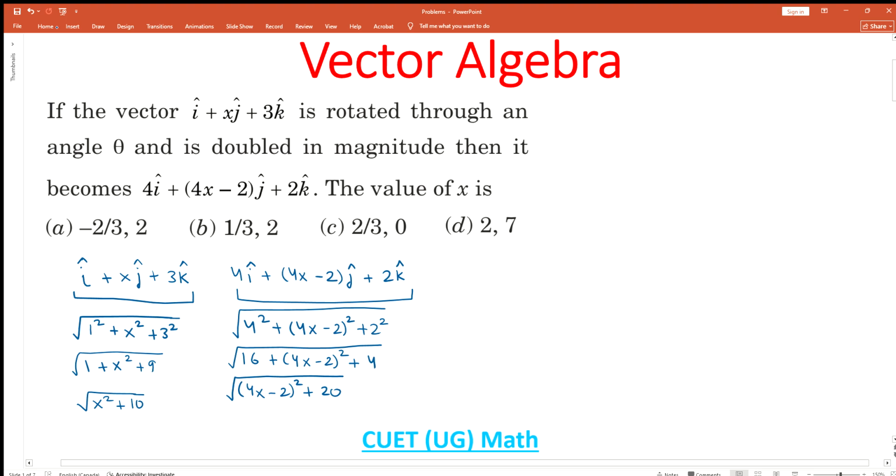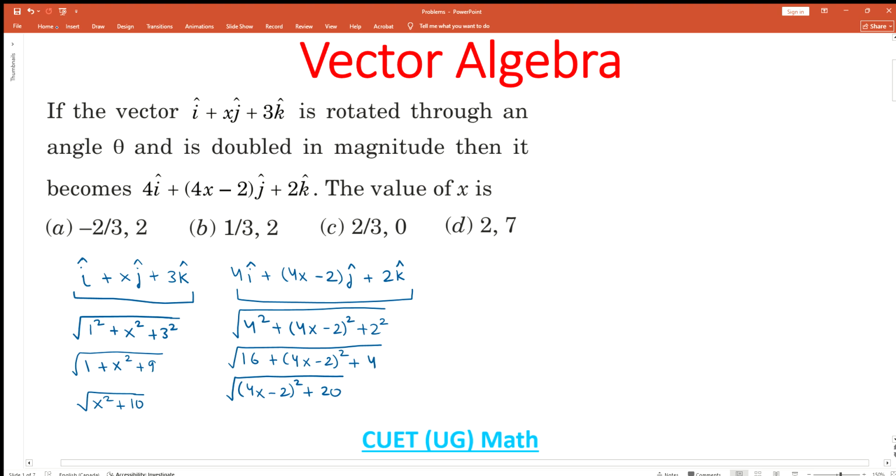As per the problem, the magnitude of the vector 4i plus (4x minus 2)j plus 2k is double the magnitude of vector i plus xj plus 3k, because the magnitude of vector i plus xj plus 3k is doubled and we get the vector 4i plus (4x minus 2)j plus 2k.